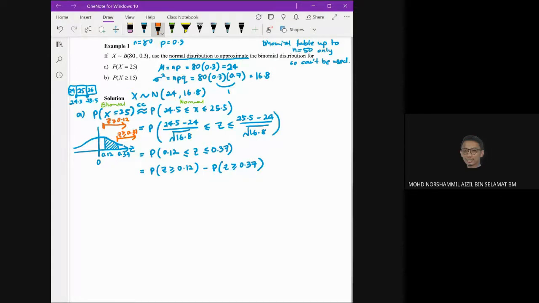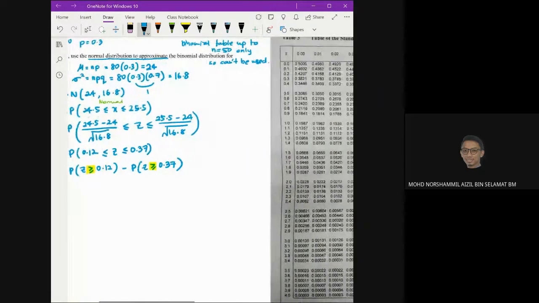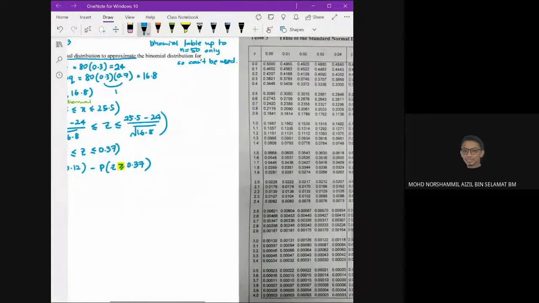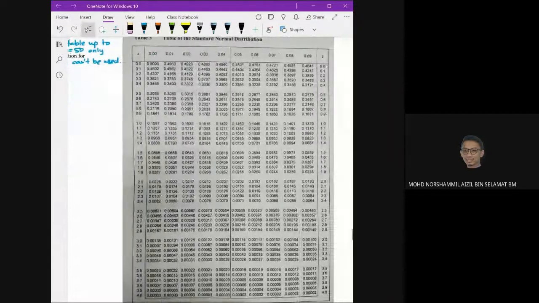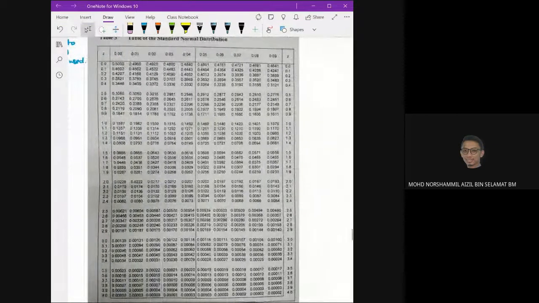So nanti kita dapatlah shaded region yang tengah-tengah tu. Okay. As I told you before, make sure this is your symbol before you read your table. Okay, let's find the value from the table. 0.12, 0.37. Mana? 0.12. So, 4522 kan?